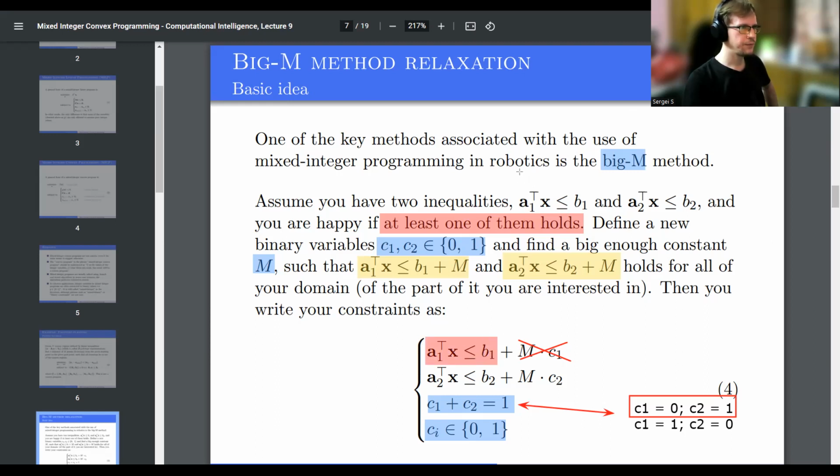Let me use a different marker. This constraint will have to hold because this went away. Now, on the other hand, here, this guy goes away. It is 1.